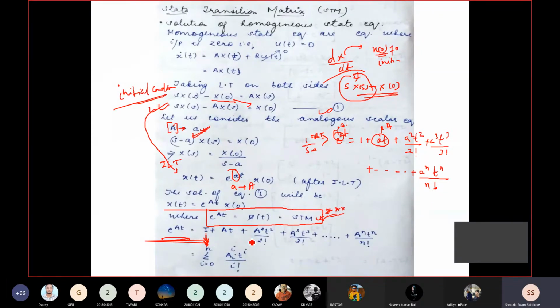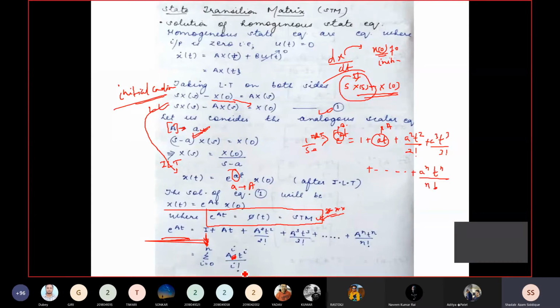If you represent this in summation form, the summation runs from i equal to 0 to n of A to the power i t to the power i divided by i factorial.